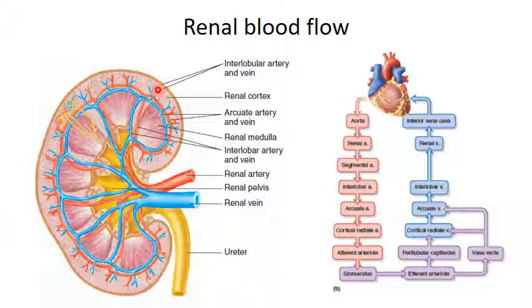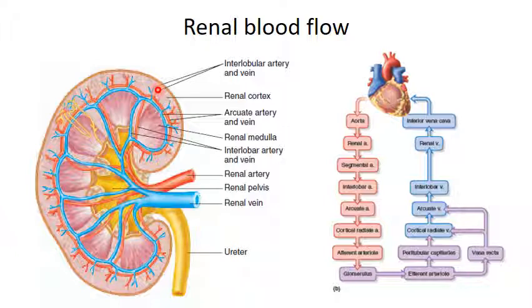The afferent arterioles then further divide and form a tuft of capillaries called glomeruli. Then from glomeruli, blood drains into the efferent arterioles, and then the efferent arterioles further divide into a second network of capillaries called peritubular capillaries.